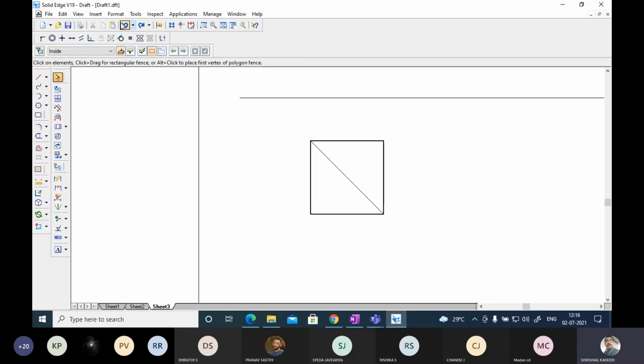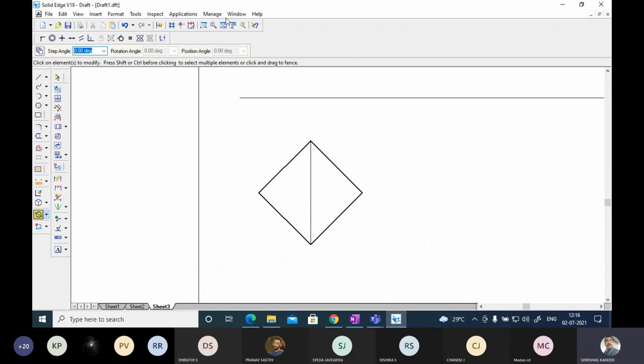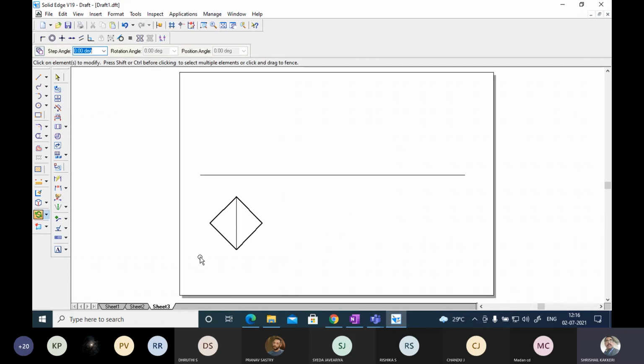I don't want to keep the original figure, I want to rotate the original figure itself. Take this as the point of rotation. Any point on this has to coincide with this. You can take a convenient distance and keep it anywhere on this.